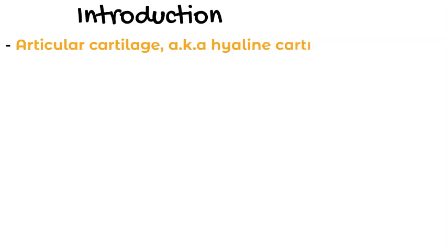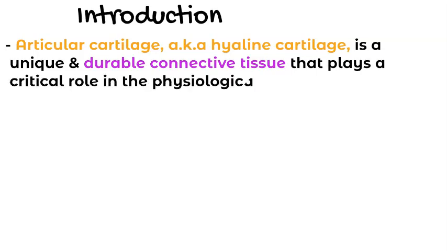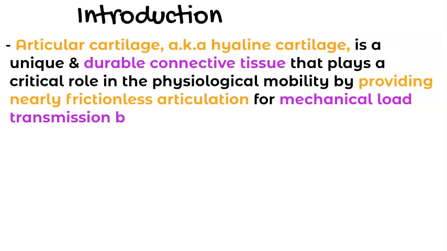Introduction. Articular cartilage, also known as hyaline cartilage, is a unique and durable connective tissue that plays a critical role in the physiological mobility by providing nearly frictionless articulation for mechanical load transmission between joints.